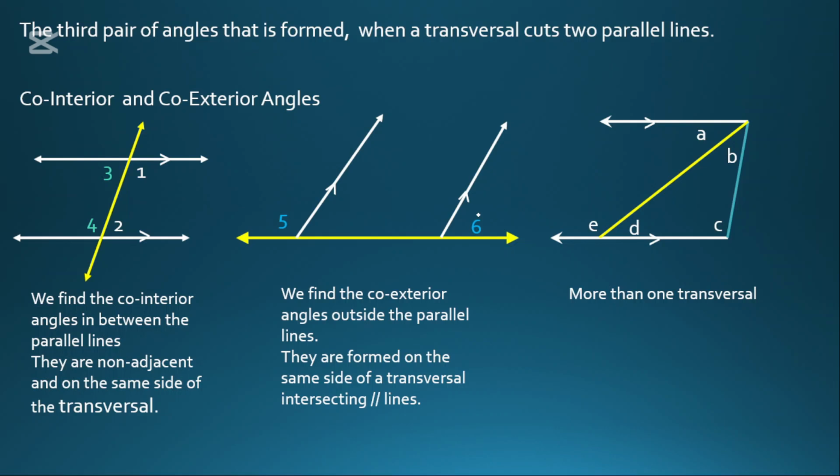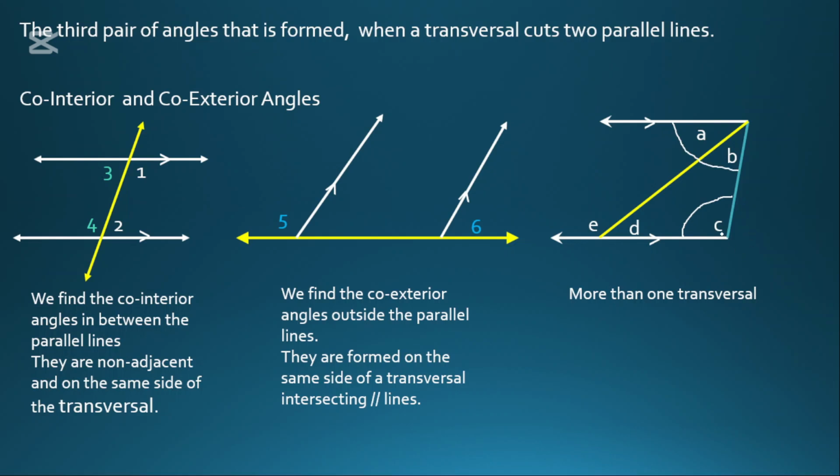Here we have another example where we have more than one transversal. We have a blue transversal and a yellow one. Okay, so this pair is in between on the same side of a transversal, so it is A and E. You see there? A and E. Then we have another pair, C from this white line to the blue line, from the white line to the same transversal.